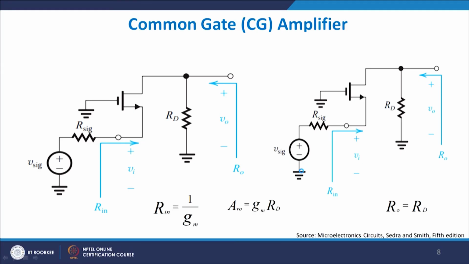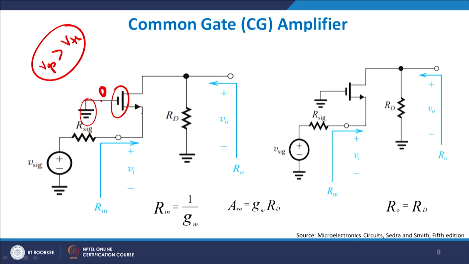What does it mean? That my gate is basically grounded, as you can see, and therefore, when the gate is grounded, if it is an NMOS device it will be basically in a cutoff mode as such, and therefore, if you apply any signal here, what was the idea, that VGS should be greater than VTH for the device to be on, but you see your gate is at 0 voltage.